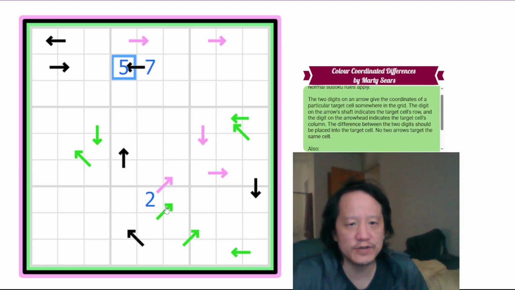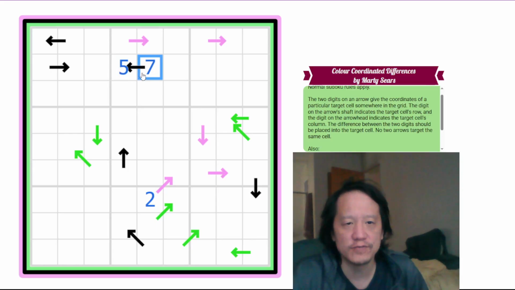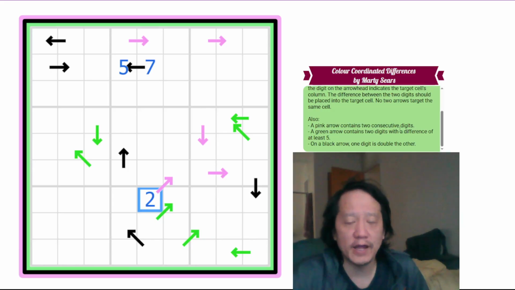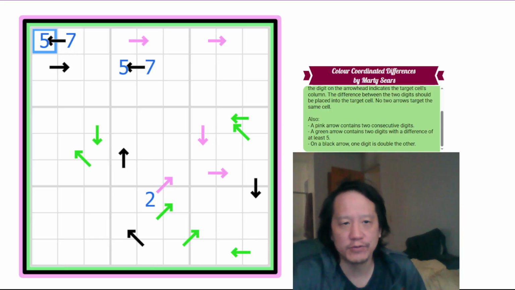And no 2 arrows target the same cell, so you could not have, say, another 7 and 5 here. That would not be allowed.